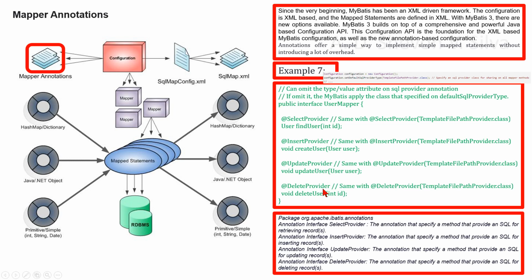The annotation interface DeleteProvider, the annotation that specifies a method that provides an SQL for deleting records. Here the same with @SelectProvider, template file path provider.class. The same with @InsertProvider, @UpdateProvider, and @DeleteProvider, each with template file path provider.class.